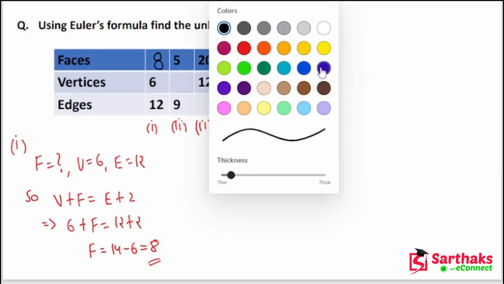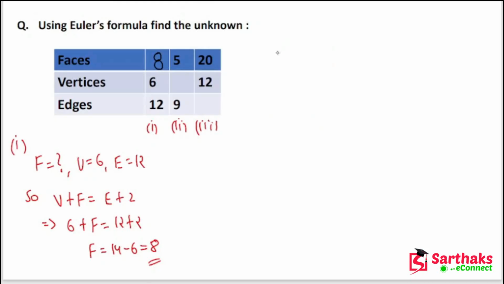Second, in the second part we have f equal to 5, v equal to unknown, and e equal to 9. So for this polyhedron there are 5 faces, 9 edges, but vertices are unknown.